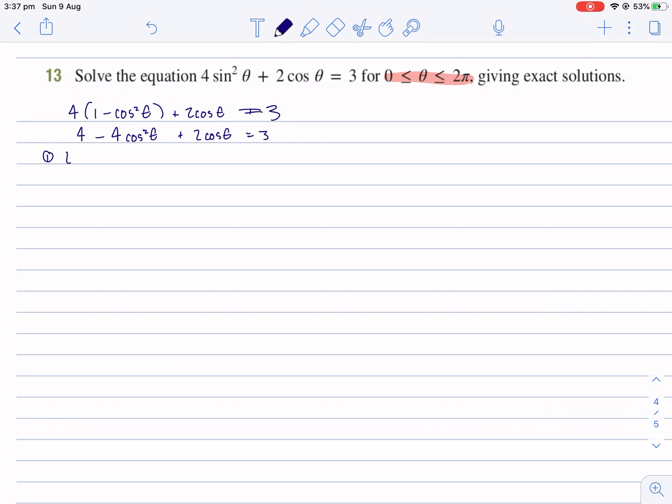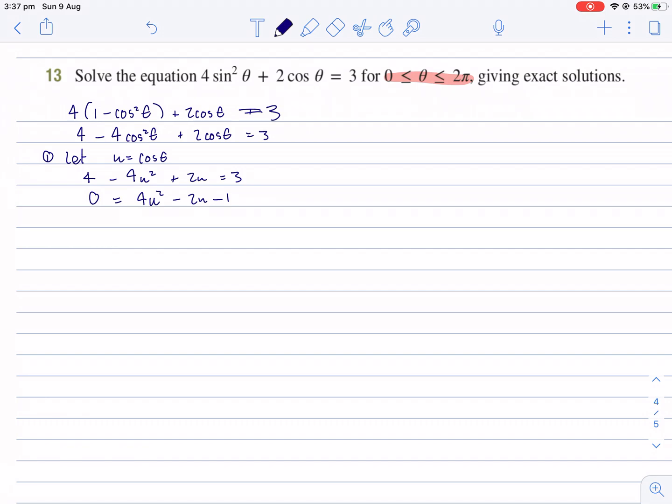So I'm going to let u be cos theta. So I've got 4 take 4u squared plus 2u equals 3. I'm going to get everything over to the right. So I've got 0 equals 4u squared, take 2u, 3 take 4, take 1.